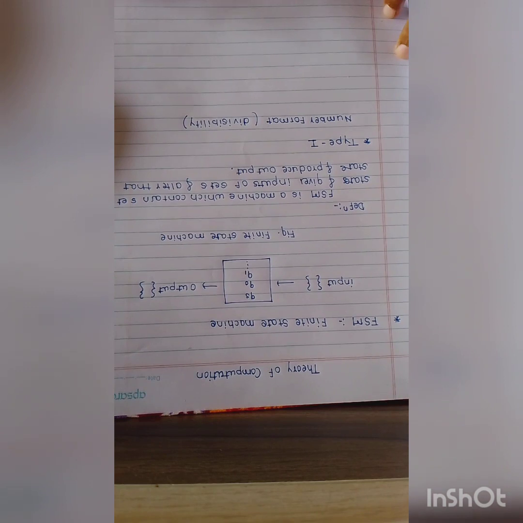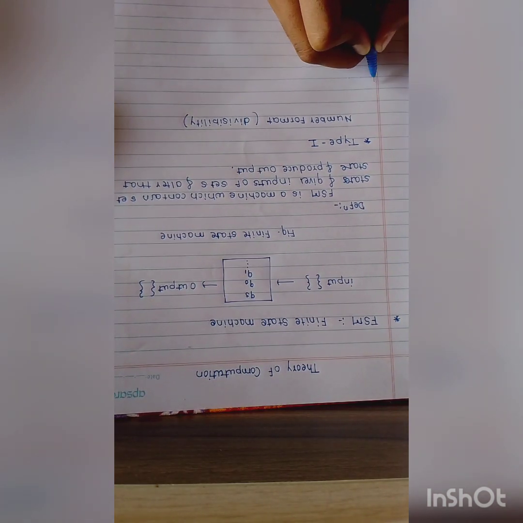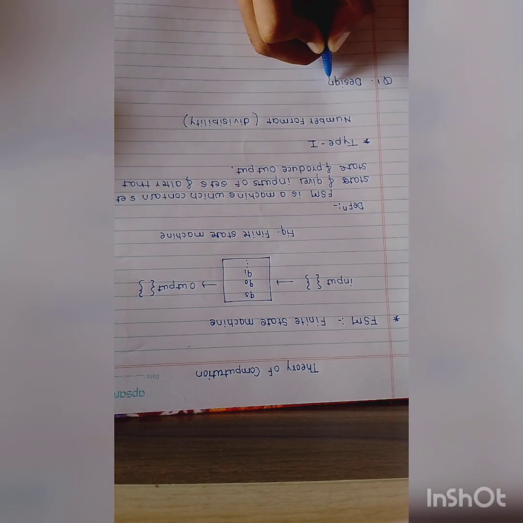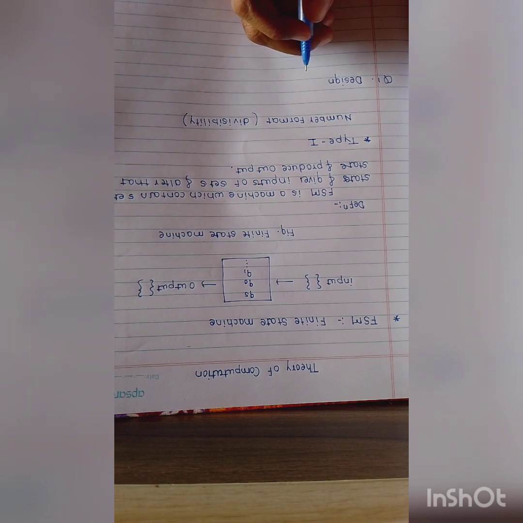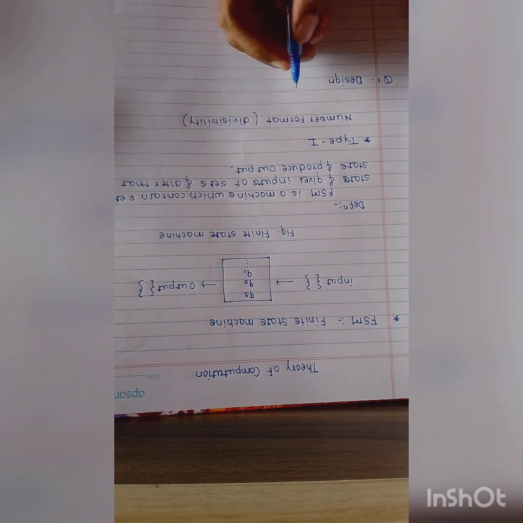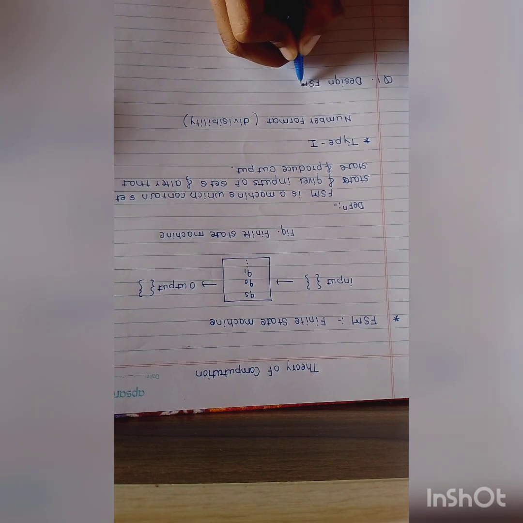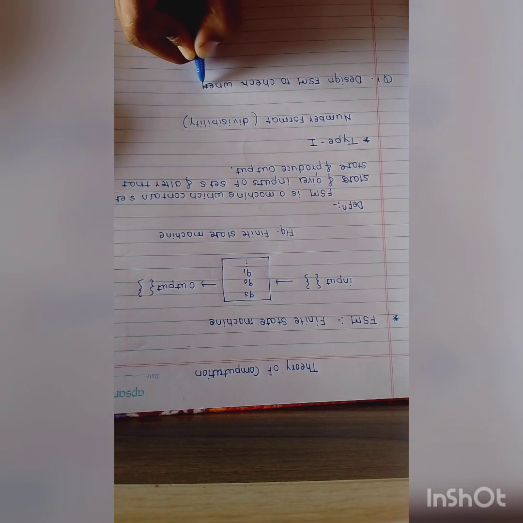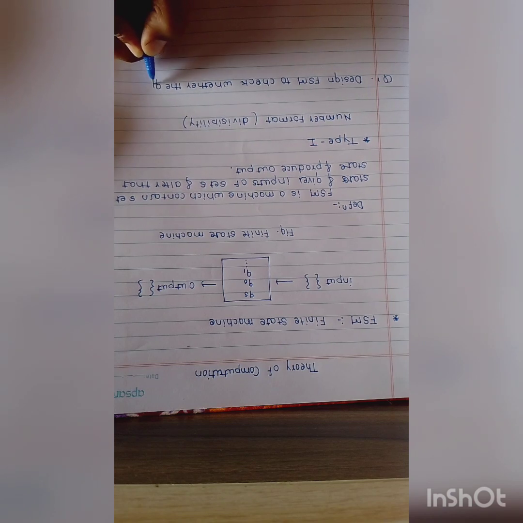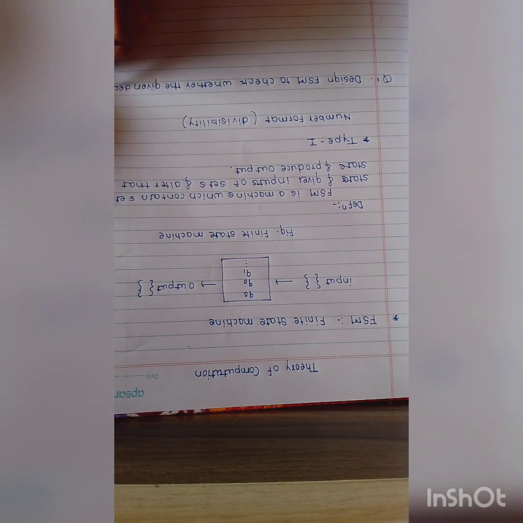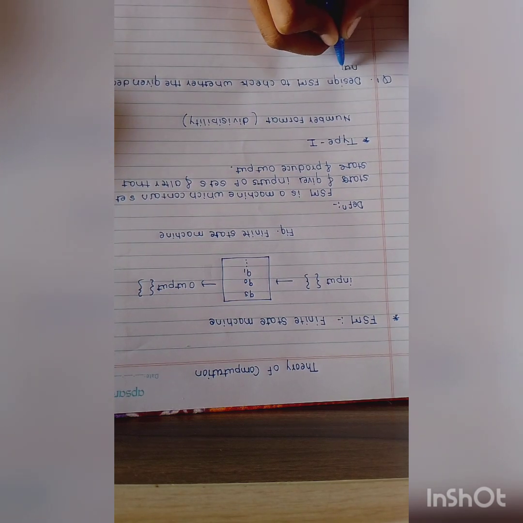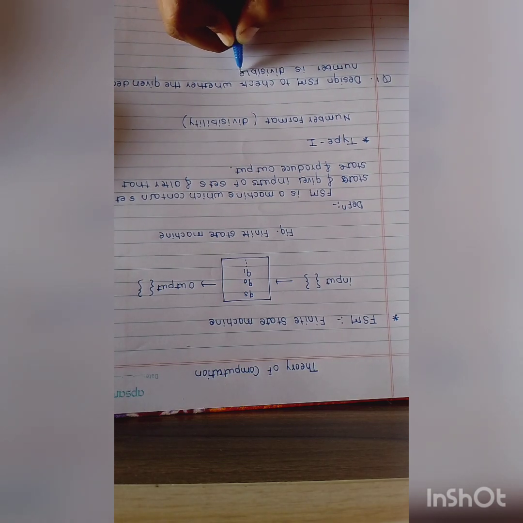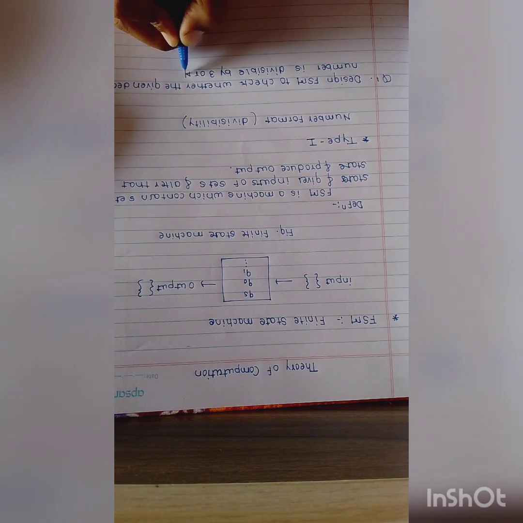So taking the first example. The first problem is: design an FSM to check whether the given decimal number is divisible by 3 or not.